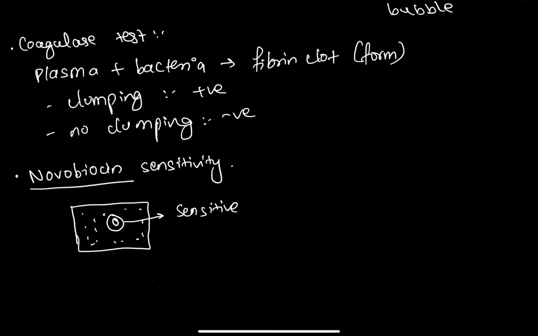But if the organism is resistant to novobiocin, then the bacteria can grow up to the edge of the disc. There will be no zone of clearance around the disc, so novobiocin sensitivity is not present, and the example of those resistant organisms is Staph saprophyticus.